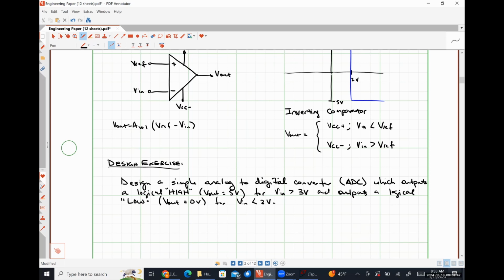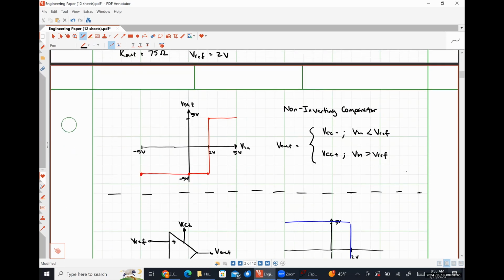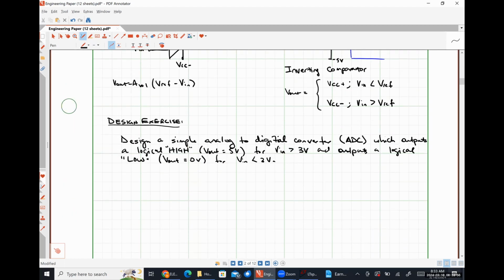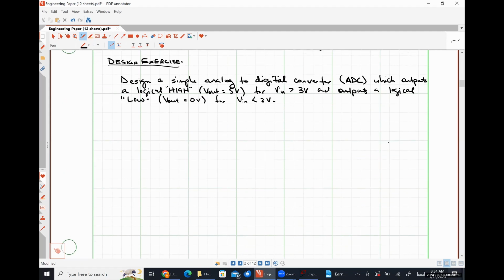High when Vn is greater. Right. So let's look at our mathematical relationships. This one says the output is high when Vn is greater, so we want a non-inverting comparator. Okay, so that's our baseline. We want a non-inverting comparator.